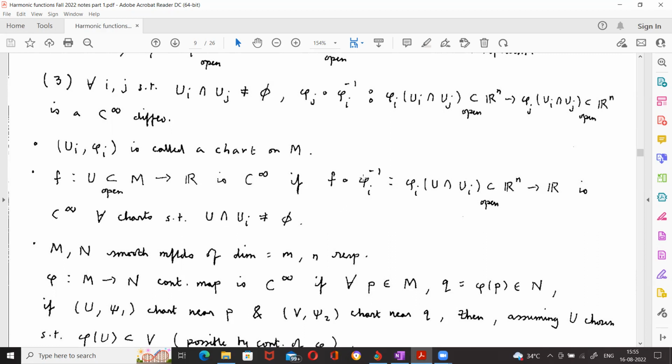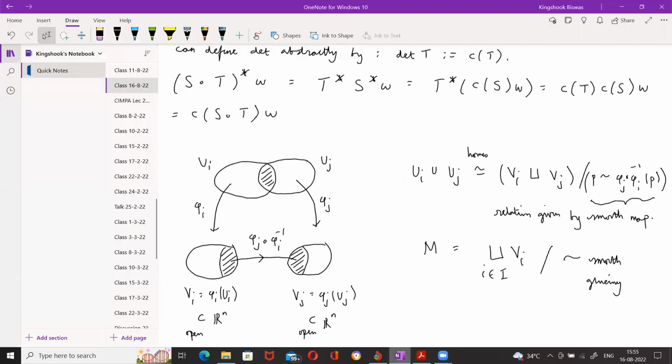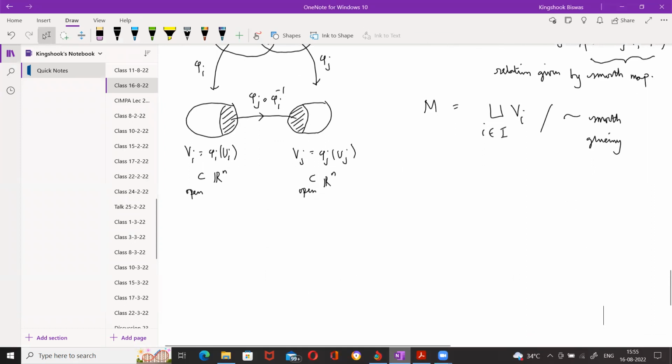And you can see that this is well defined, independent of the choice of chart, because if I choose a different chart, I'll get another function, F composed phi j inverse.